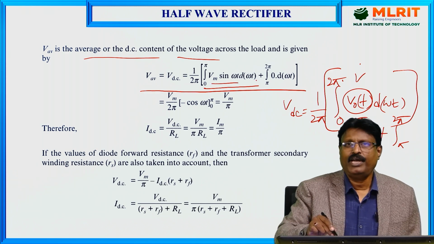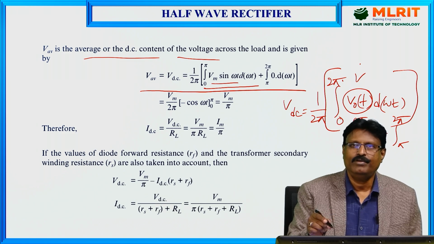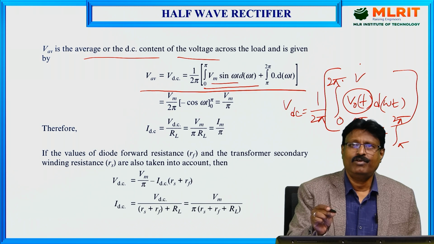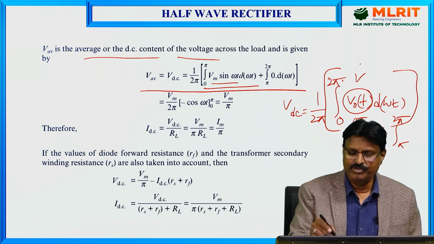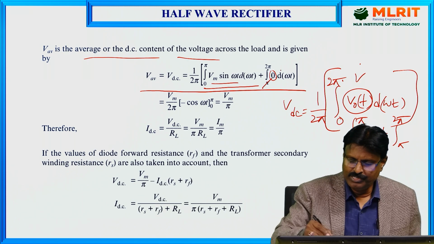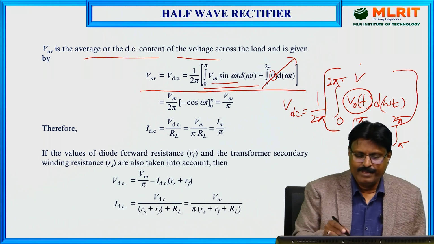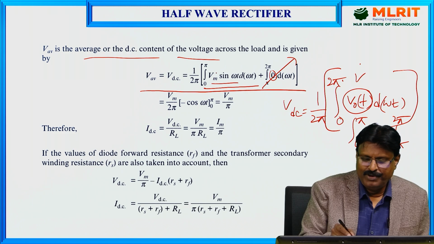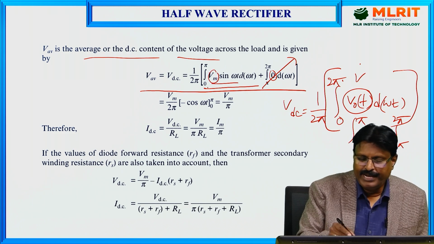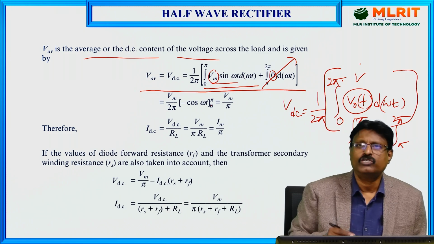And what is the value of V naught of t whenever omega t is in between pi to 2 pi? The diode is reverse biased and the current will be equal to 0. That's why V naught of t is equal to 0, so we can ignore the second term because its value is 0. Here, if you take Vm outside because it is a constant, Vm by 2 pi integral sin omega t. Integral sin omega t is nothing but minus cos omega t.